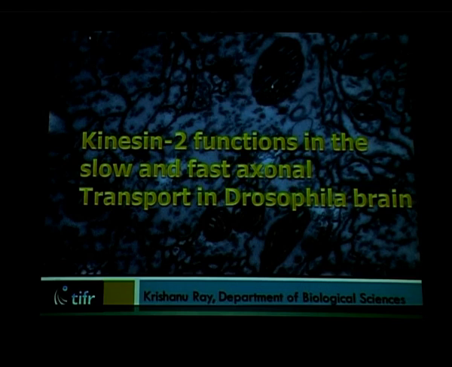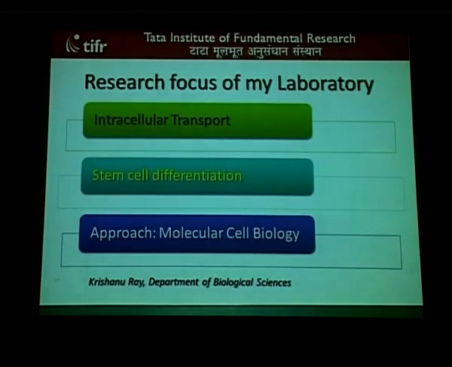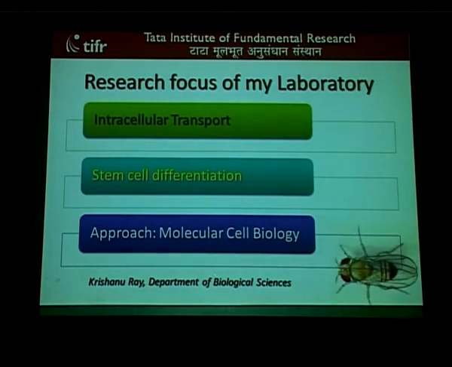And so what I'm going to tell you today is the properties of one particular type of motor protein, which we call kinesin 2, which is involved in a very specific set of transports inside the cell. I will give you an overview of these transport processes, and tell you in more detail about one aspect of kinesin 2 mediated transport in the neuron today.